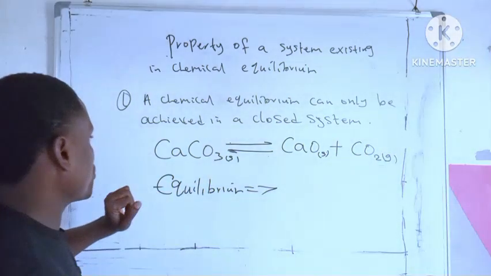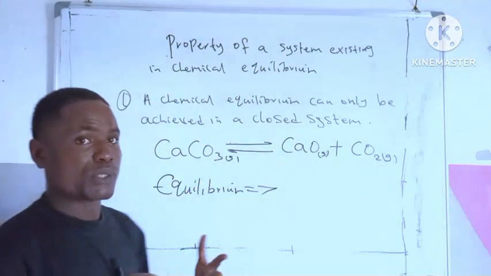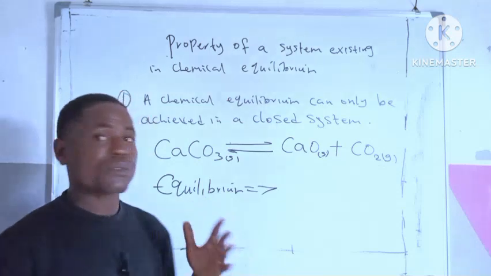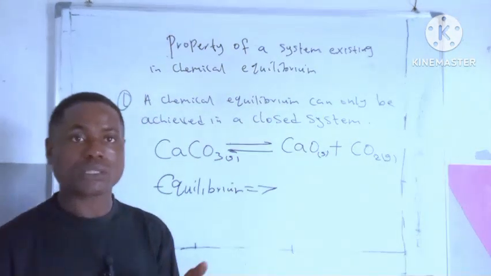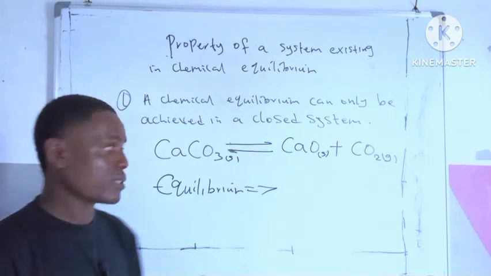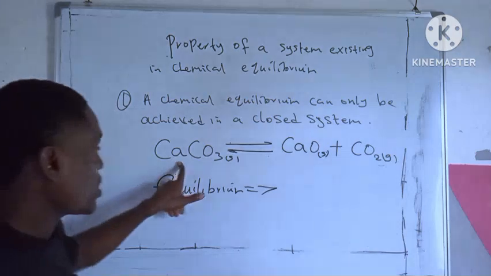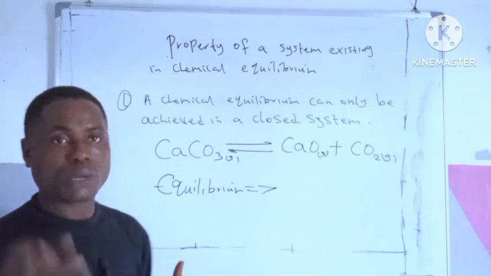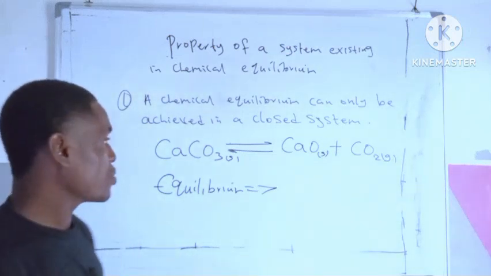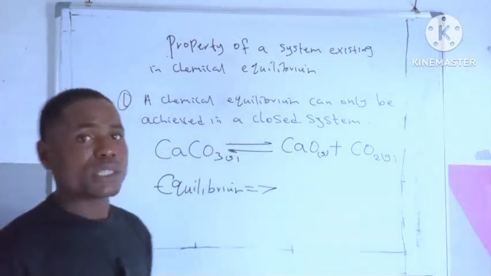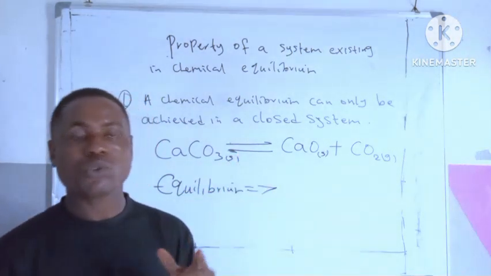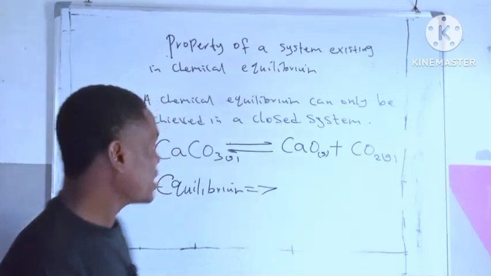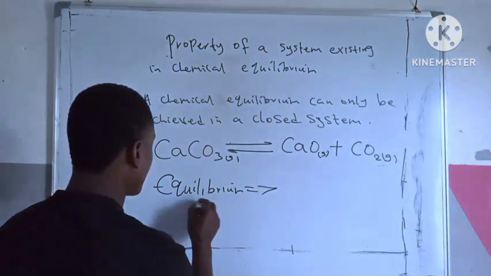Let's look at this reaction. This is calcium trioxocarbonate(IV), a compound. Another name for calcium trioxocarbonate(IV) is limestone. It's a solid. So you can either call it calcium trioxocarbonate(IV) or limestone. These two arrows in a chemical reaction indicate forward and backward reaction.